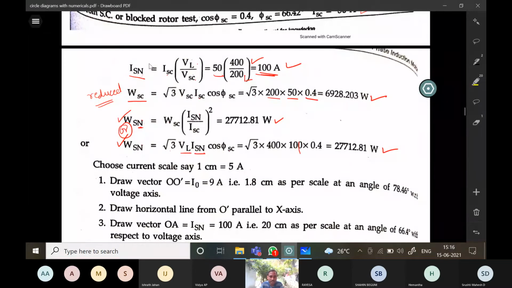Now choose the current scale in your graph: 1 centimeter is equal to 5 ampere. This is the current scale.